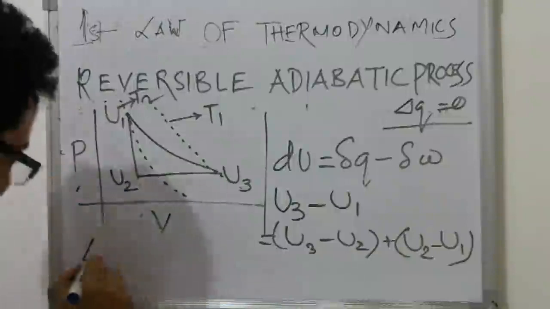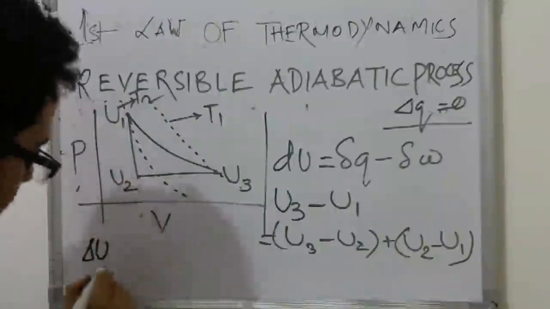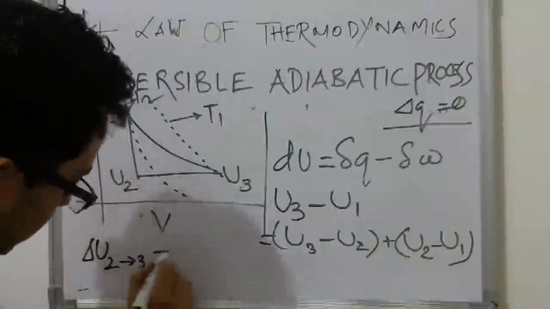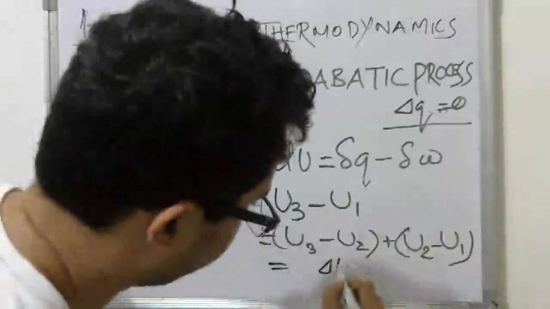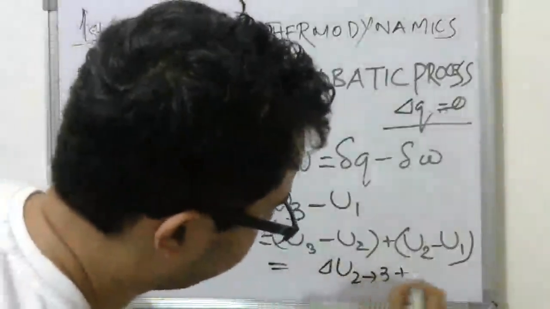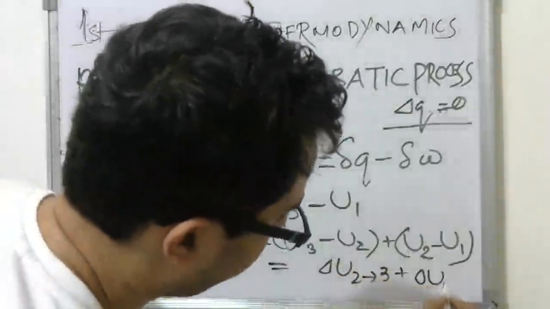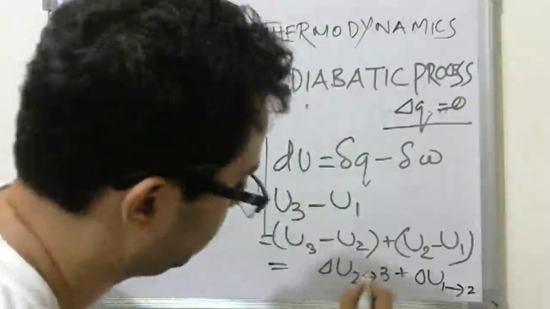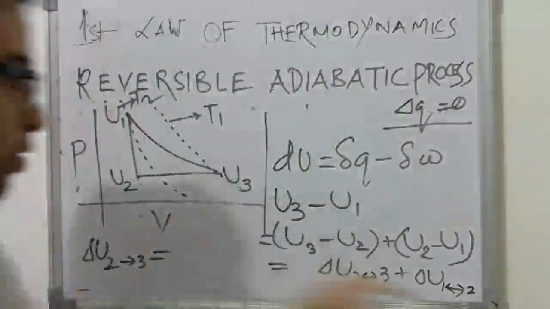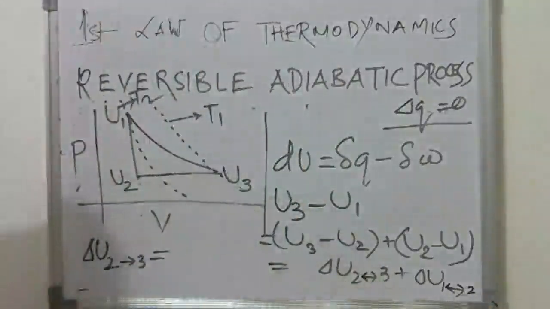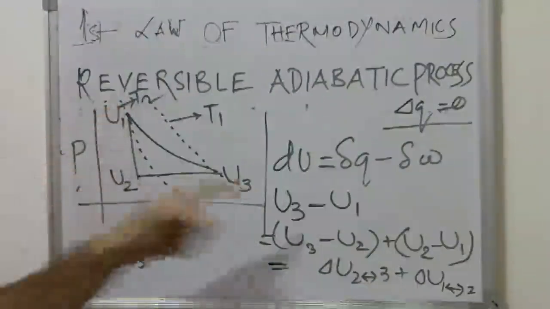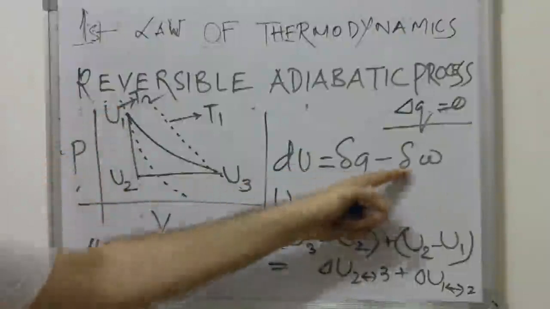So we write del U from 2 to 3 plus del U from 1 to 2. Always put this mark that shows you reversible equations. For the state 2 to 3, the first law of thermodynamics can be written.